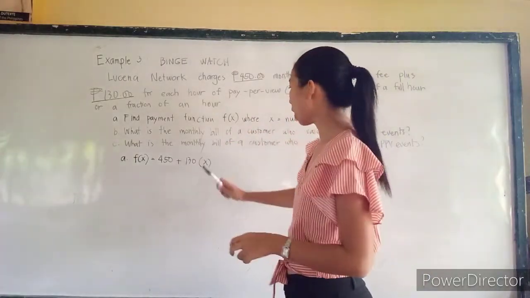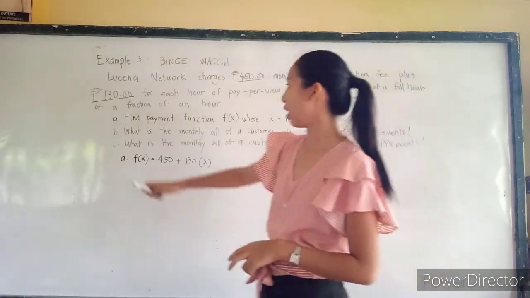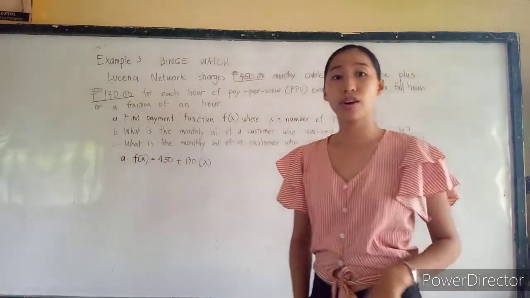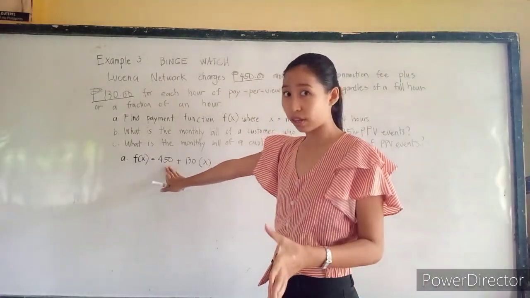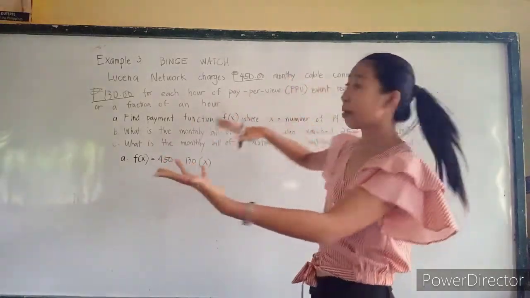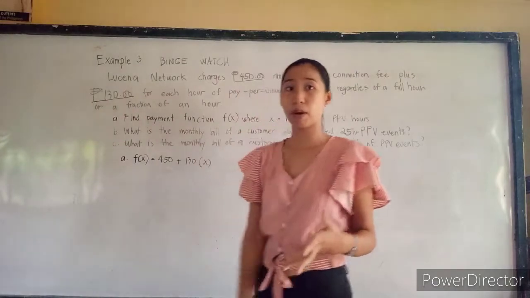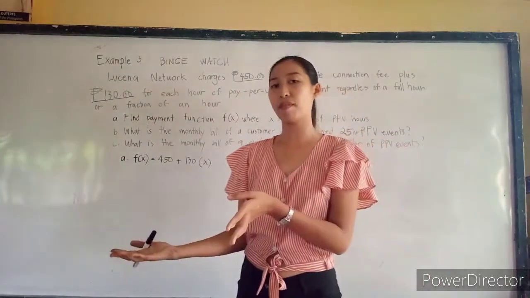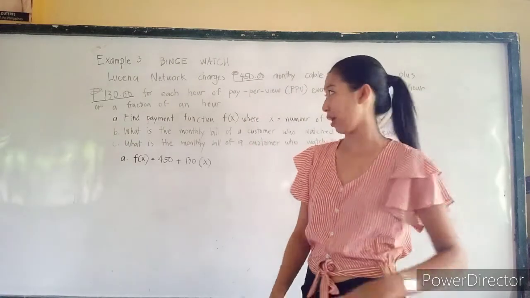So this is the function we will use to get letter B or letter C. Let me explain: 450 is for the regular monthly cable connection fee, and then 130 is for the pay-per-view. If you watch a pay-per-view event, we multiply it by the number of hours you watched that event.